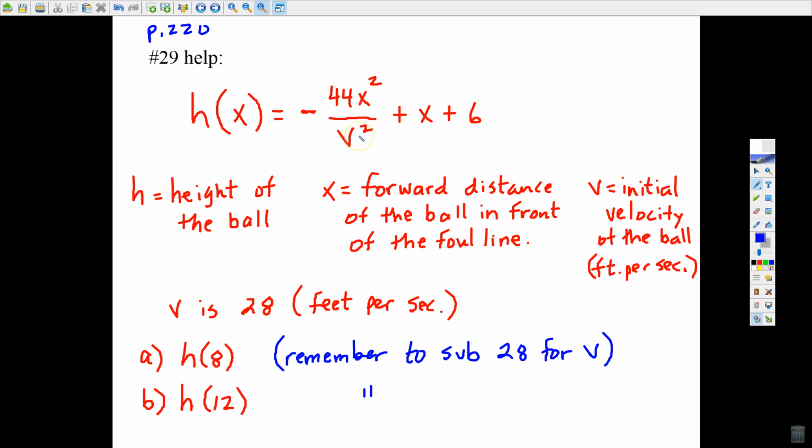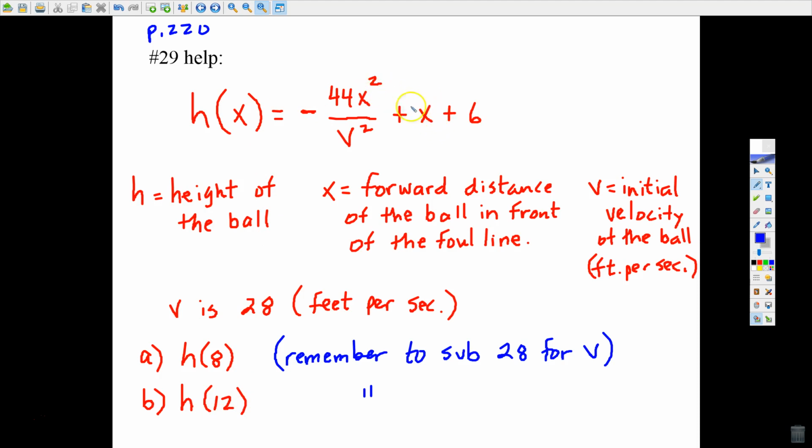All right, and then part A says determine the height of the ball after it has traveled 8 feet in front of the foul line. Well, in essence, after you replace v with 28, as you're told in the problem, you're going to evaluate h of 8, which means these two x's need to be replaced with 8, and see what comes out, and that will be your answer for letter A. Letter B is very similar, except this time you're going to evaluate h of 12.